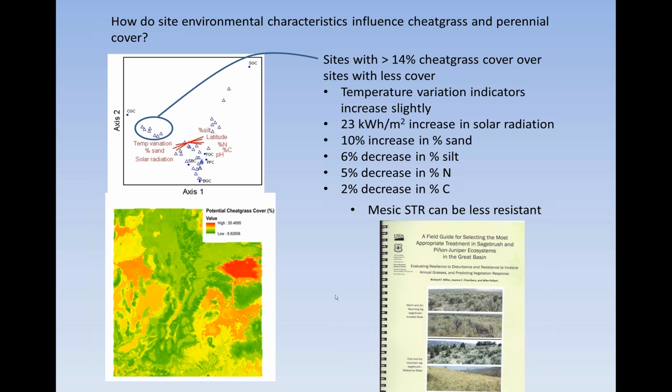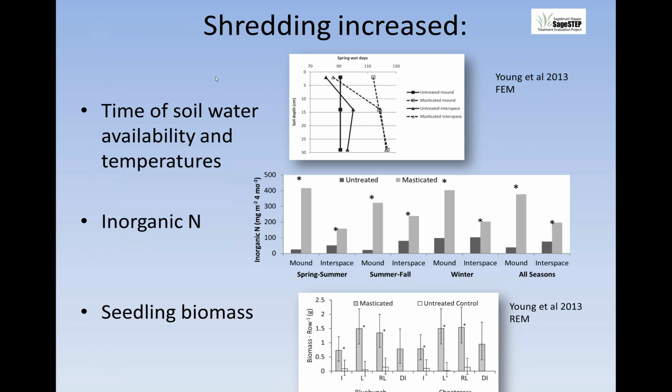One thing to always remember is if you decide not to treat, fire could treat, and then you may not be happy with what fire does. Shredding has also been found, not talking about burning now, but shredding to increase the time of available water substantially. And we found out, Kurt Young found this out, that it was mainly due to taking out the tree.